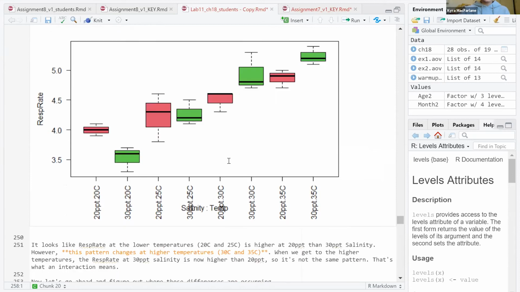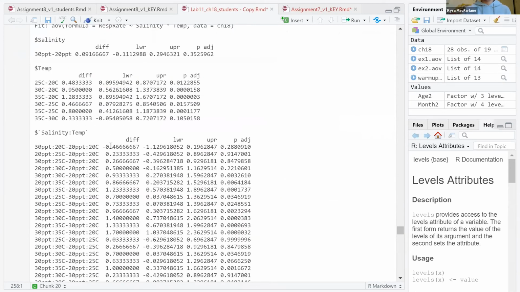If we looked at this graph, we could see it this way. It's right here, these two. If we average these two together, the average would be like here. So the respiration rate at 20 degrees Celsius, regardless of salinity, is lower than it is at all other temperatures.